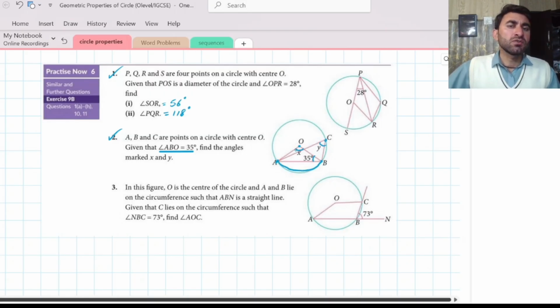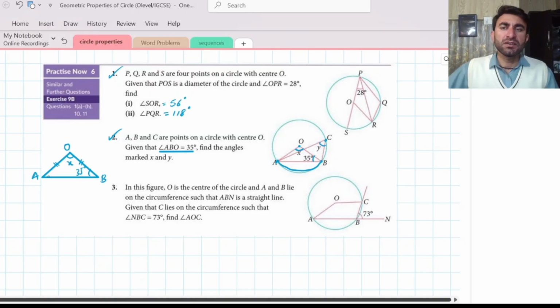First, in order to figure out the value of X, we can see it is an isosceles triangle OAB, because OA and OB are both radial segments and they are definitely equal. So for angle X over here, these two sides OA and OB are equal, and these two angles are also 35 degrees and 35 degrees.